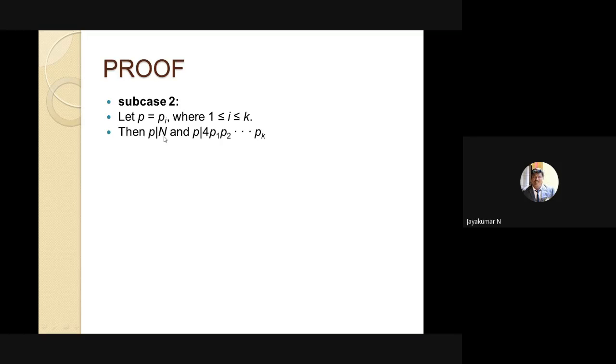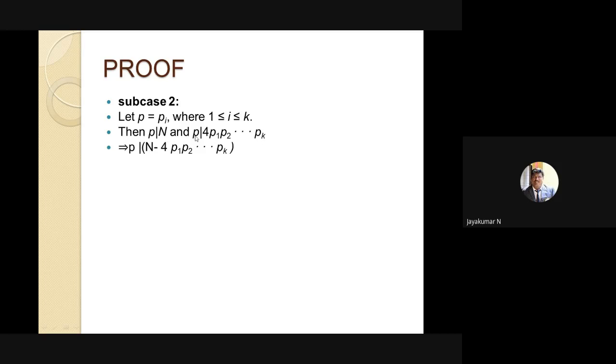P divides n means P divides 4 times P1, P2, ..., Pk, because this P is nothing but one of the integers from these k. So definitely P divides one of the primes, and P divides this product because P lies inside P1 to Pk.